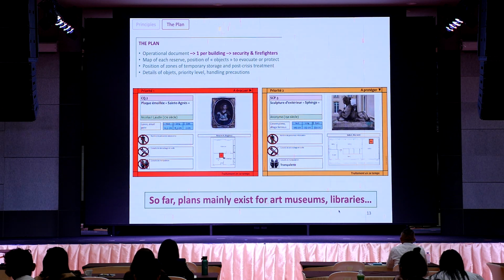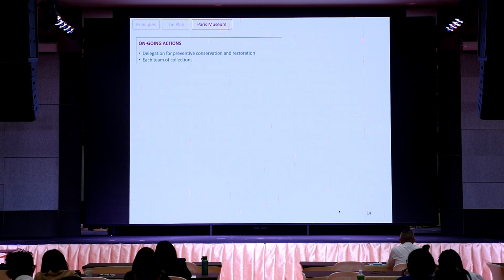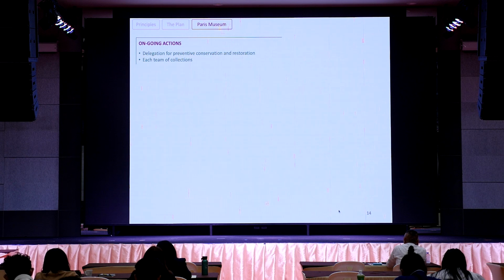As I just said, so far this kind of document only exists in France, mainly in libraries and art and history museums. At the museum in Paris, there is a lot of activity going on to try to develop this. And there are two big actors in the organization of the plan.